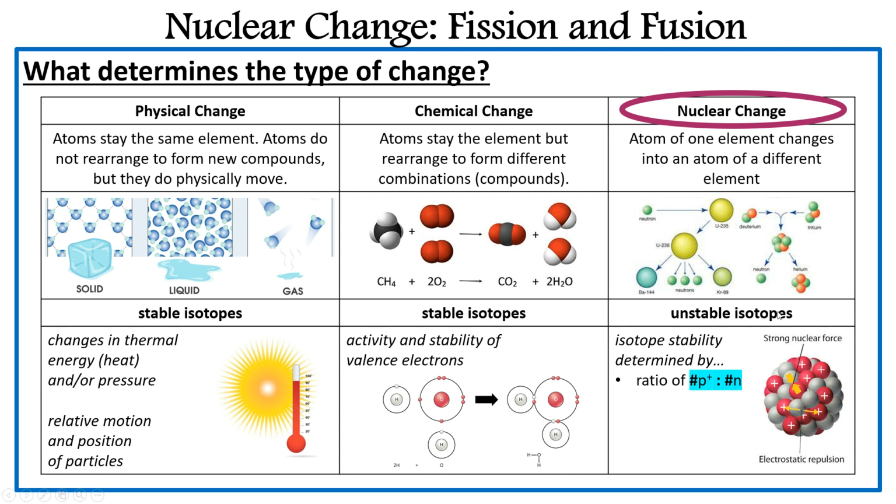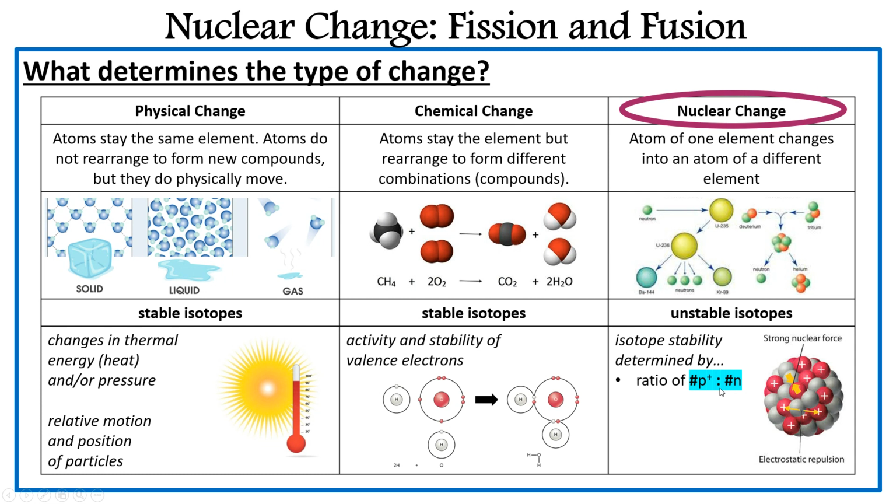So just finishing up our nuclear change here, the reason why the unstable isotopes matter is because it all has to do with the strong nuclear force, which, remember, is what holds the nucleus of the atom together. And that is determined by the ratio of the number of protons to the number of neutrons within the nucleus.